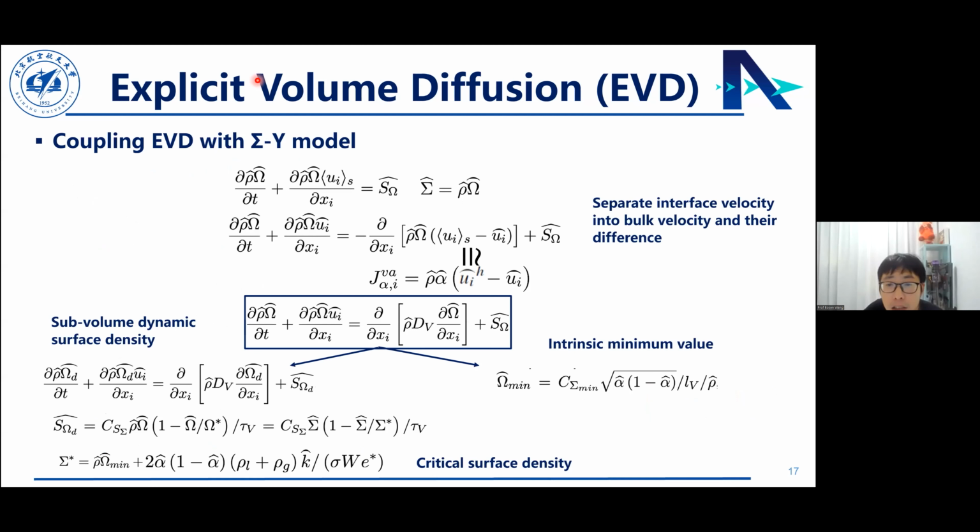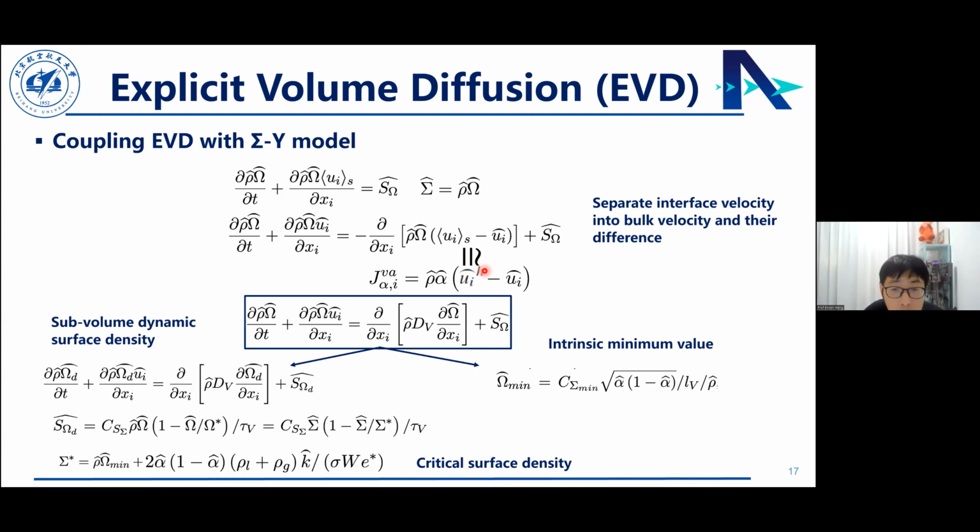This difference can be approximated by the velocity of the high density phase minus the mean velocity. For this term we use a bimodal concept. We can see it is the same as the volume flux. This approximation holds when there is a big difference in the density of the two phases.